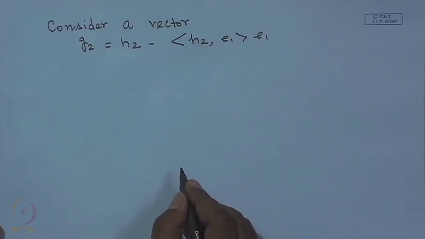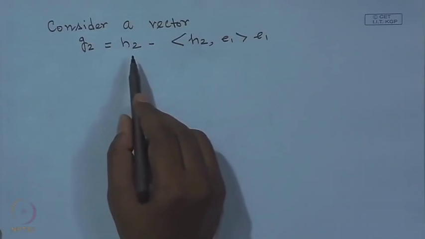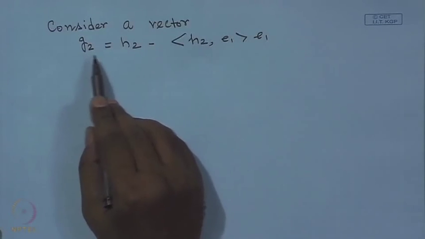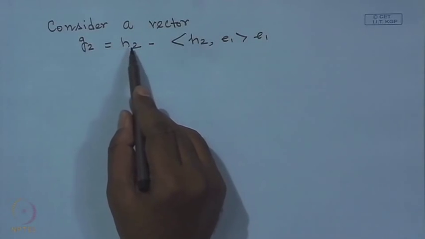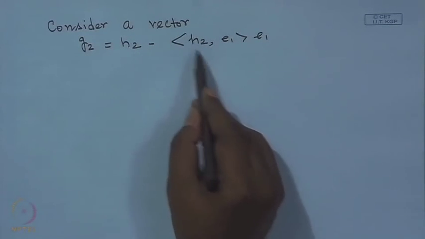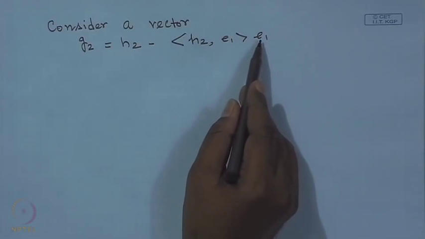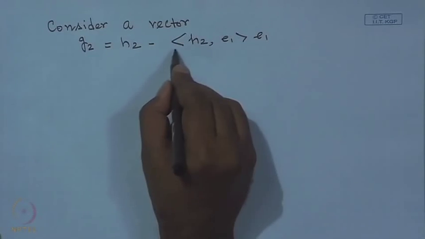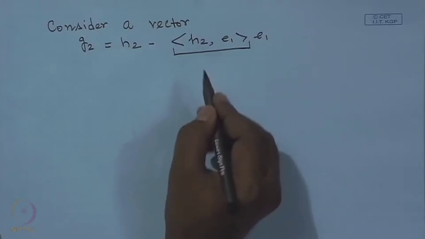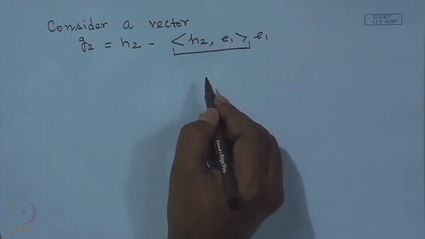The inner product is a scalar. So, we are formulating a vector which is nothing but the vector H 2 minus some scalar multiplier of the vector E 1 that we have derived just now. What does the inner product of H 2 and E 1 physically signify?